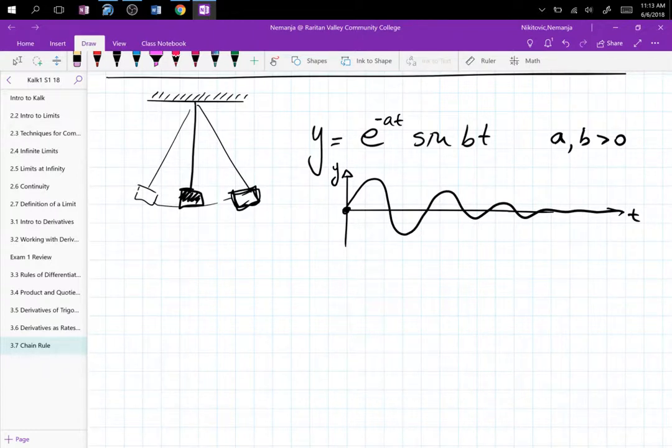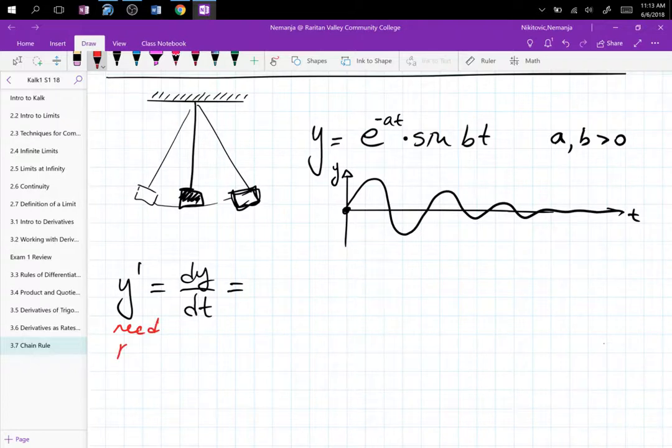You see that taking the derivative of this is actually the product rule with two chain rules inside. So what is our y prime in this case? We are taking the derivative of y with respect to t, and we are dealing with the product rule, right? Because you have a function times another function. So I'll write here in blood, need product rule first. So what's the product rule?